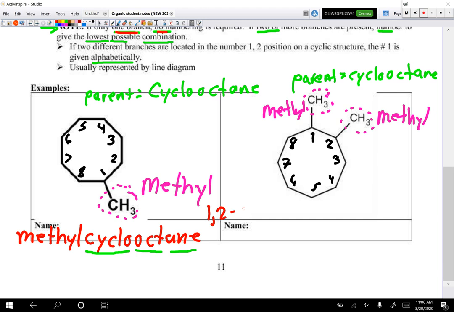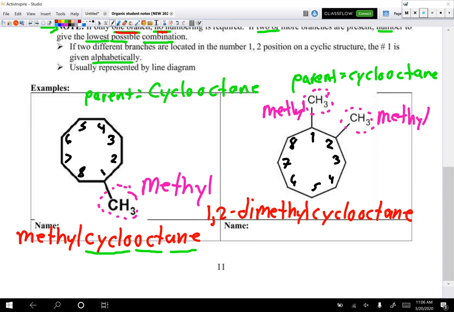So remember, dashes separate our numbers and letters. Now because we have 2 methyls, we write di for 2, and then we write methyl. So these are all the branches taken care of. We have our 1,2-dimethyl. Now we have to write our parent chain, which is cyclooctane. And that is the name of this particular organic molecule.